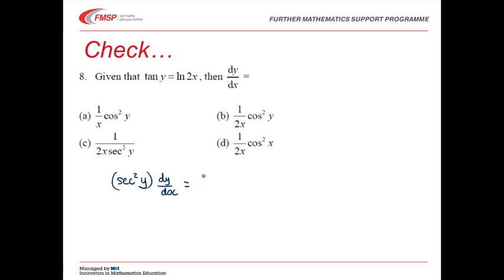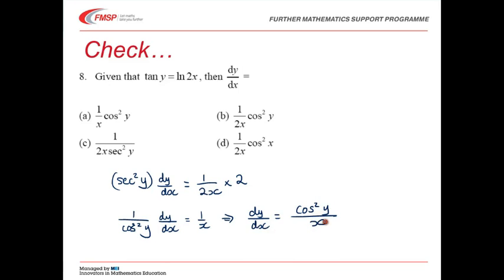So differentiate log thing, I get 1 over thing, and then differentiate the thing, that's 2x. That gives me 2. So 1 over cos squared y dy by dx equals 1 over x, and therefore dy by dx is cos squared y over x. And that's answer A.